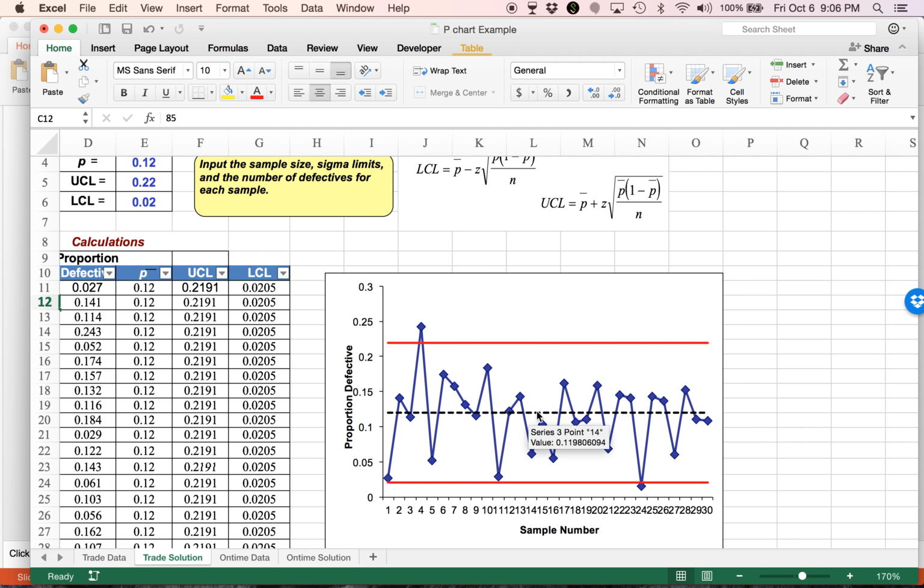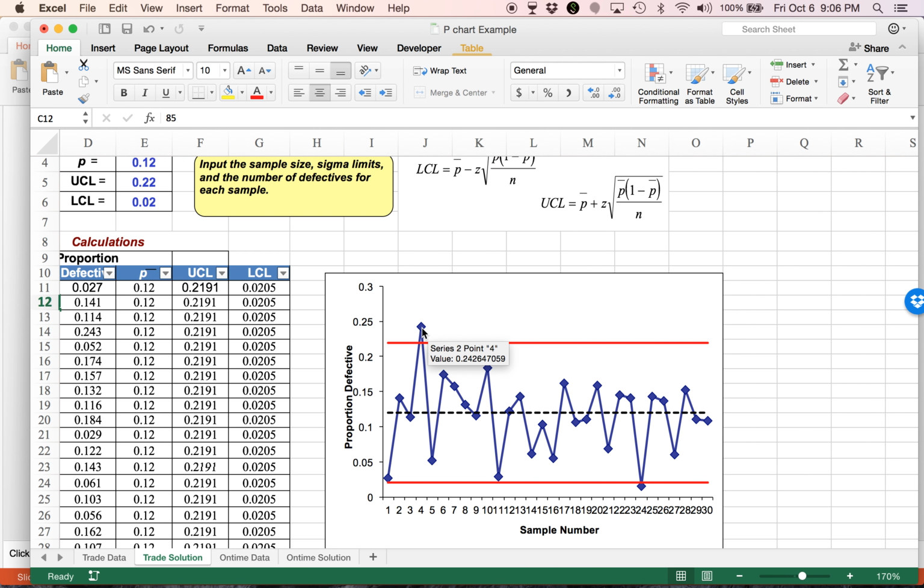So here's the average proportion of undesirable trades, which is 0.119, so about 0.12, about 12%. I'd say are on average defective or undesirable. I have my upper control limit here at 22%, and our lower control limit is 2%. Now, as we look along here, we see that 1 point is over the upper control limit.